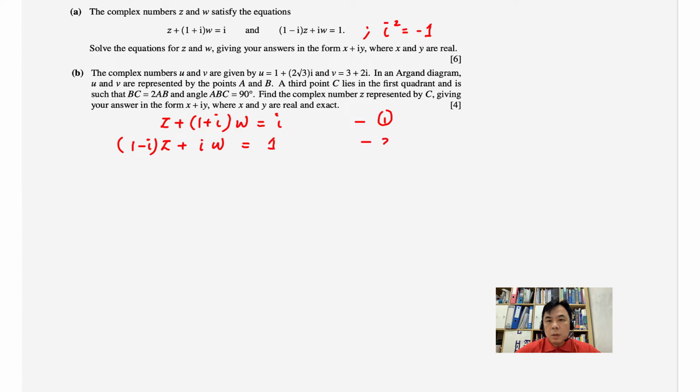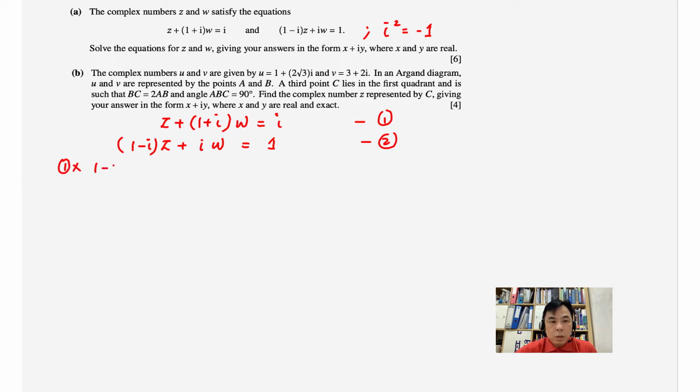That will be our second equation. Now if we look at the equations, I think personally it's easier to eliminate z. For those of you using the elimination method, good; if you wish to use substitution, by all means you can go ahead.